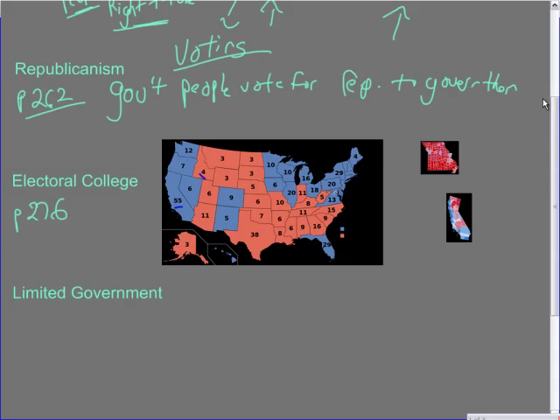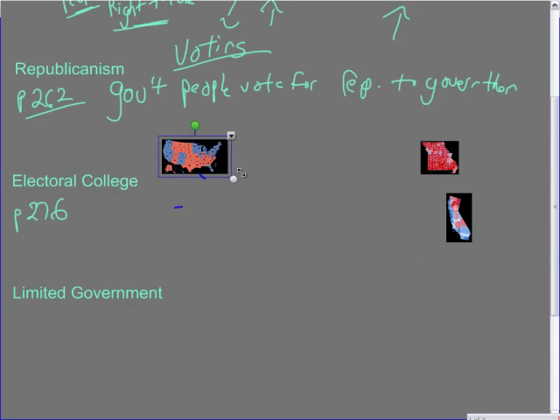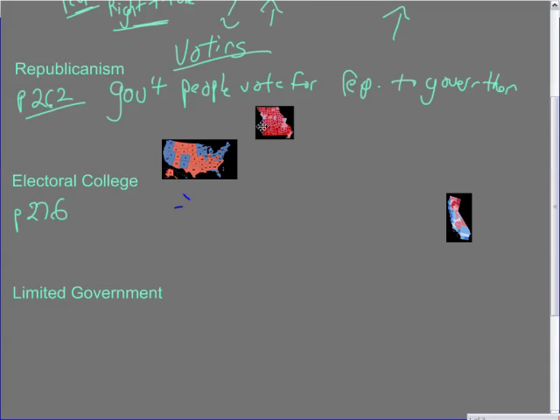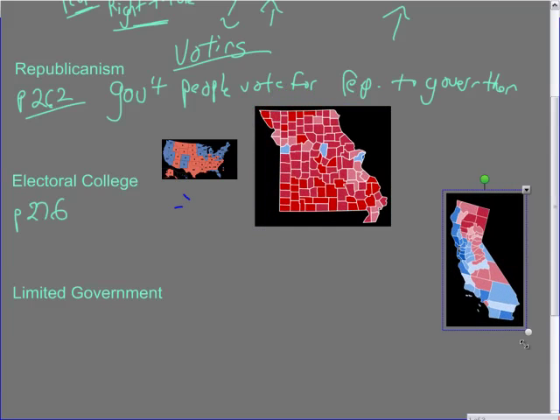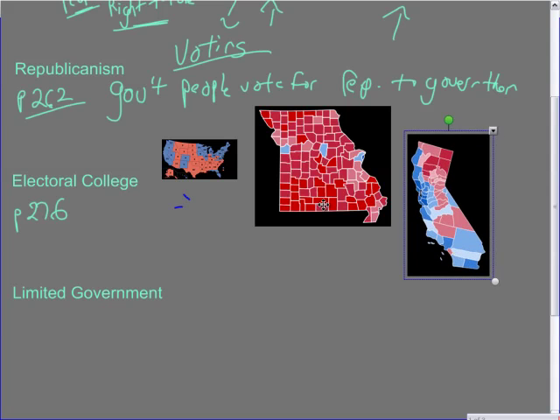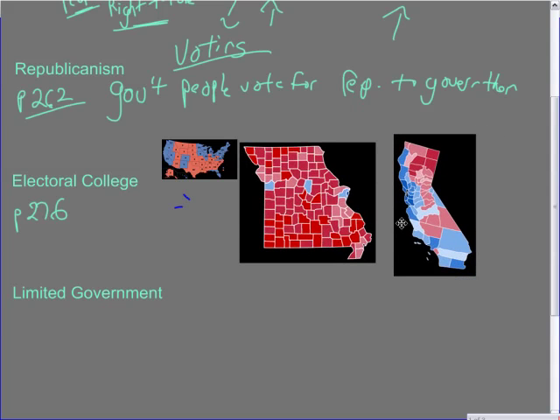What will happen is, in each state, people will vote for who they want to be president, and when the votes are counted up, whoever wins the state gets those electoral votes. If we look at these 2 maps, we have Missouri and California. Hopefully you can tell the difference between the 2. These are the vote results for the 2012 presidential election.